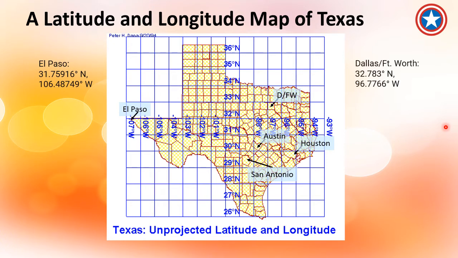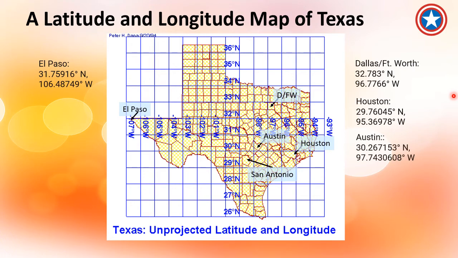Dallas and Fort Worth over here is a little under 33 degrees north and 97 degrees west. So right here. Houston, a little under 30 degrees north and 95 degrees west. It's 29.76045 north, and it's 95.36978 west.